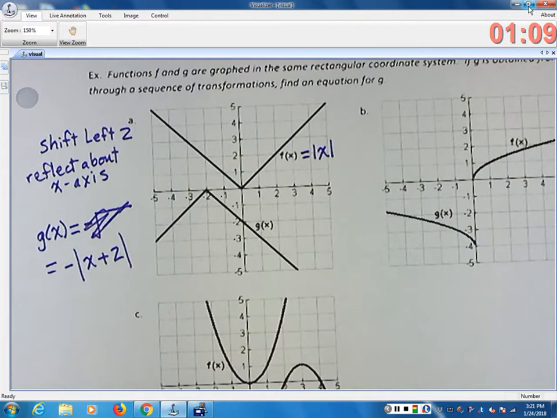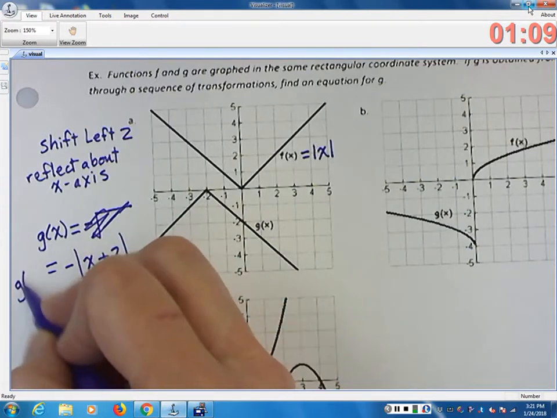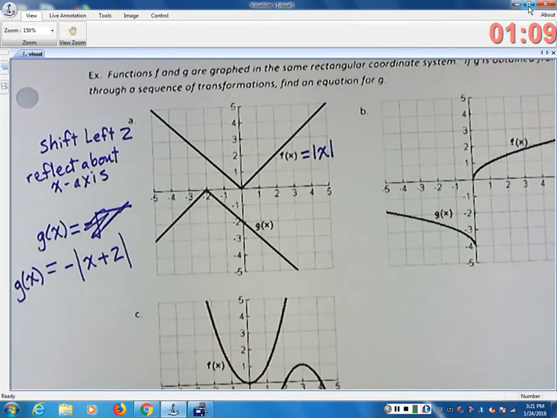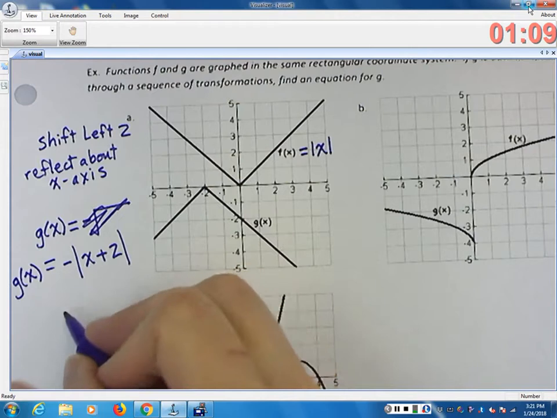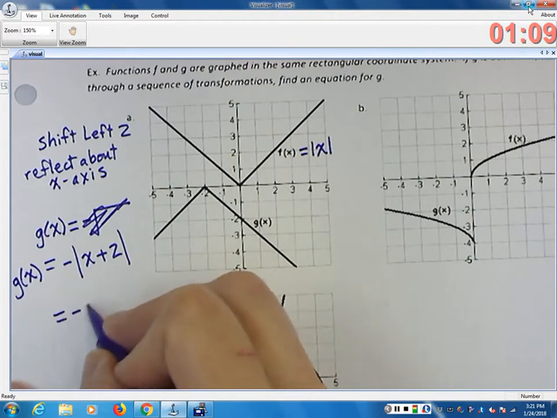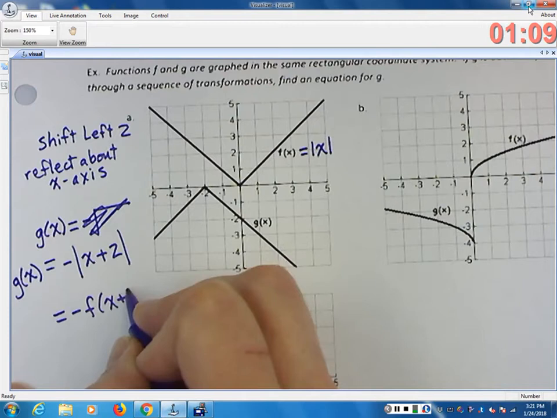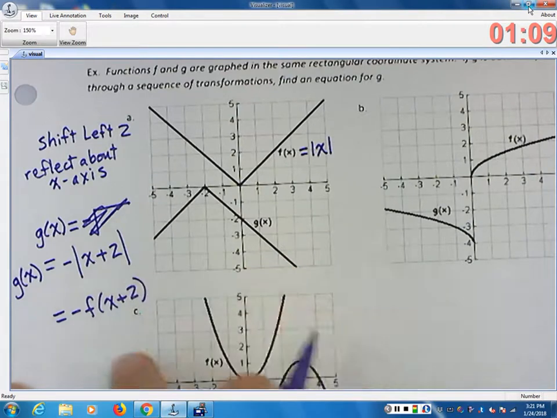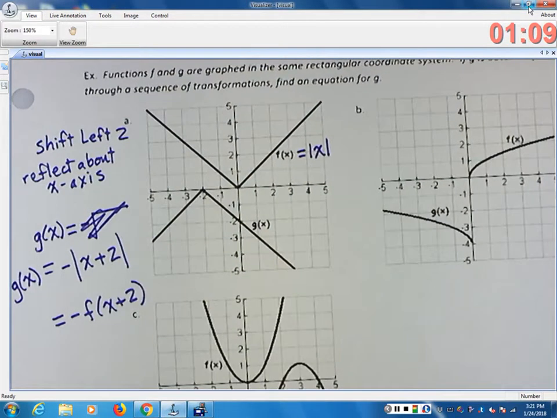That's our g of x. If we wrote it with just f of x, it looks like this. But if we actually write it with the absolute value, it's like that.